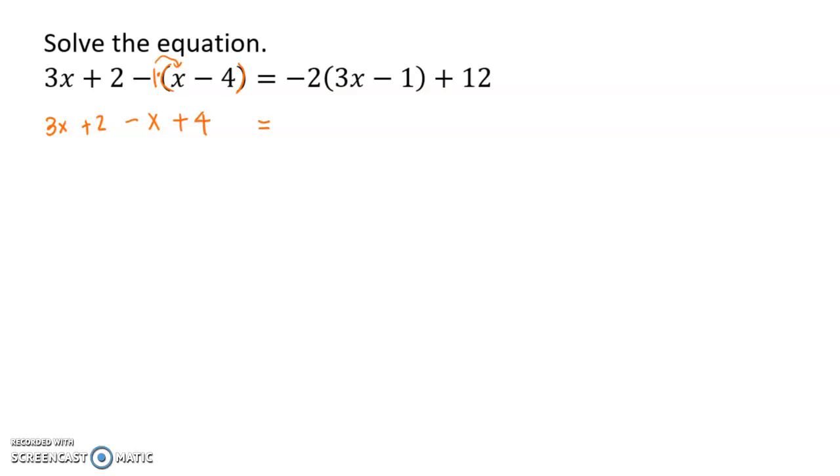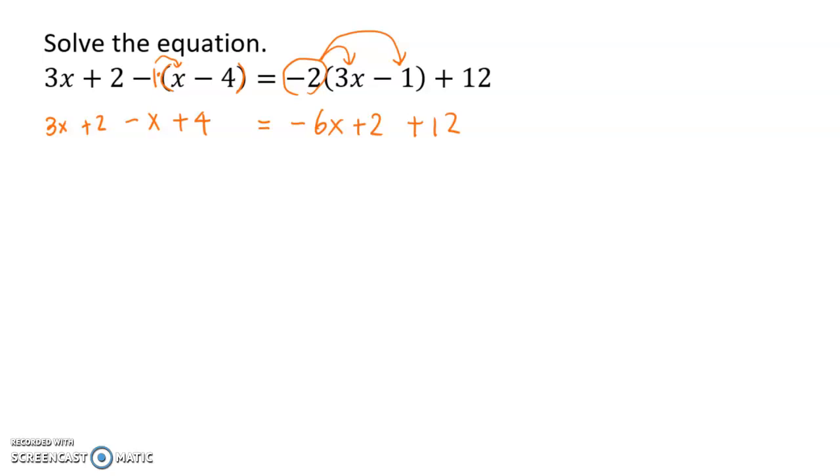On the right side, I will distribute this negative 2 to 3x and to this negative 1. So negative 2 times 3x, that's negative 6x. And negative 2 times negative 1, that's a positive 2. Then plus 12. Okay, then we want to combine like terms on each side.